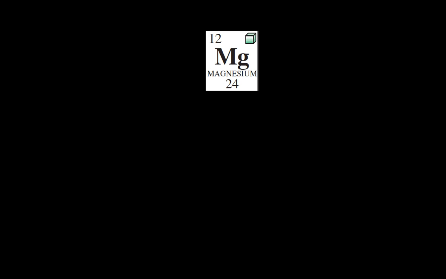The next example was magnesium. We're going to do the same thing that we just did. Based upon what we already know, magnesium would have 12 protons, 12 electrons, and it would have 12 neutrons. 24 minus 12 is 12.